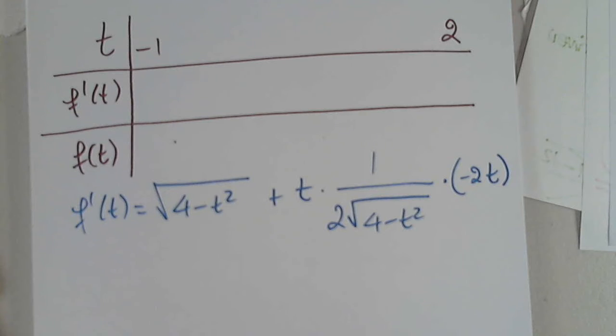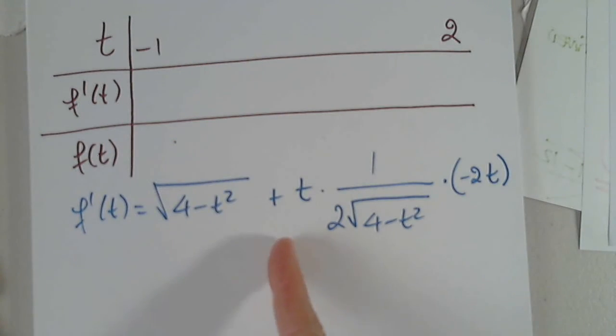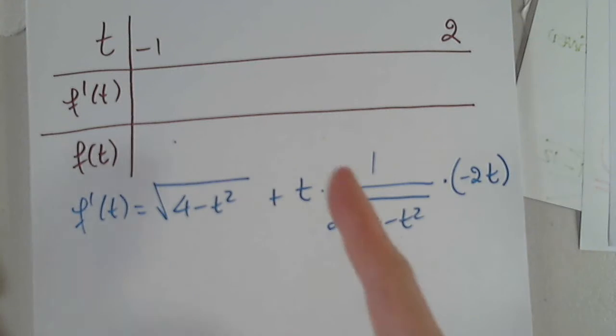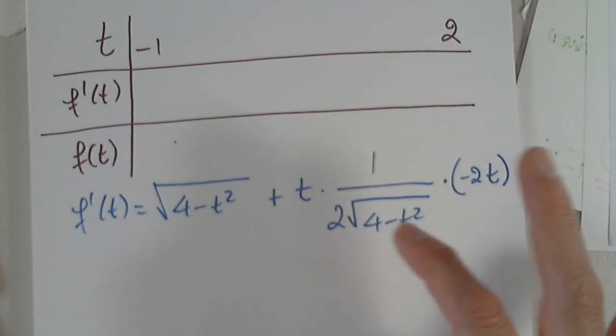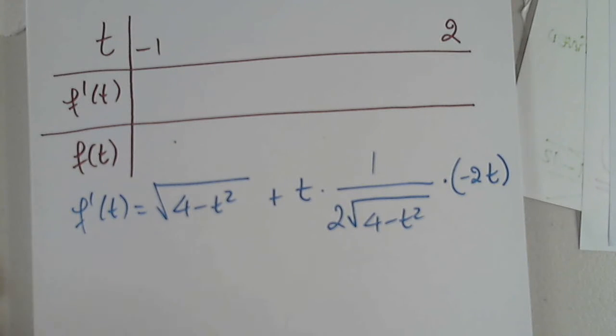Do we agree with this? Yes. Any questions? So the first function prime was 1 times the second one plus the first function times the square root prime, 1 over 2 the square root times the inner function prime. Yes, I will simplify the 2 with a 2.